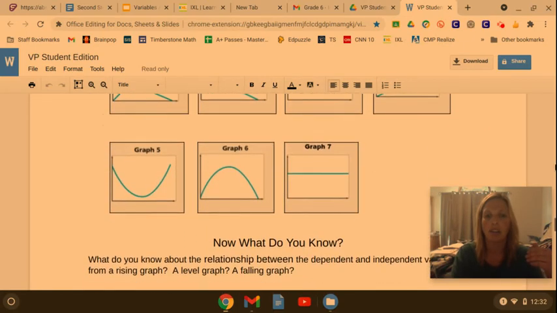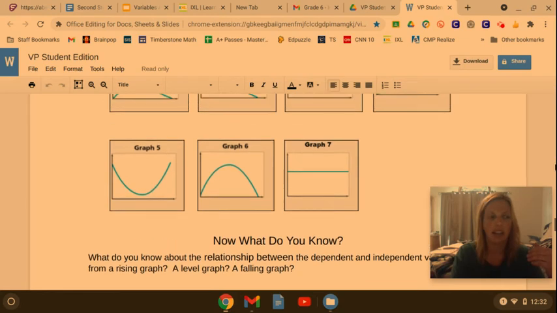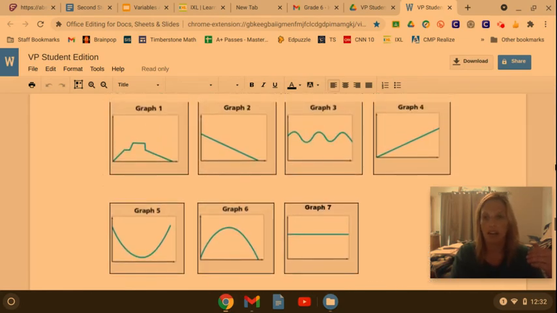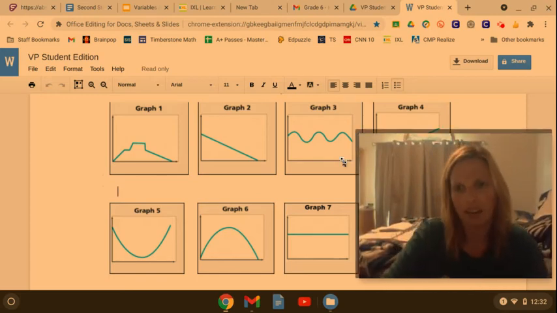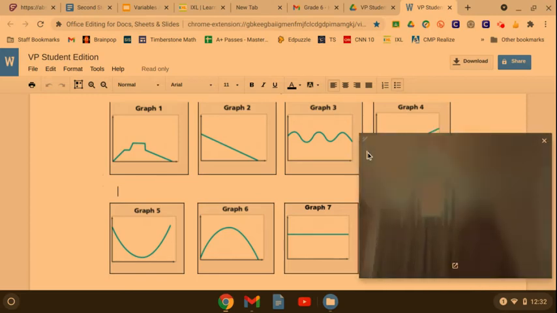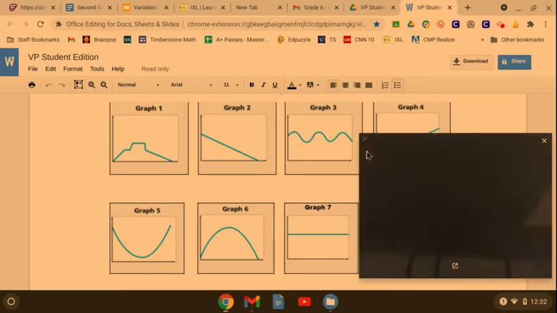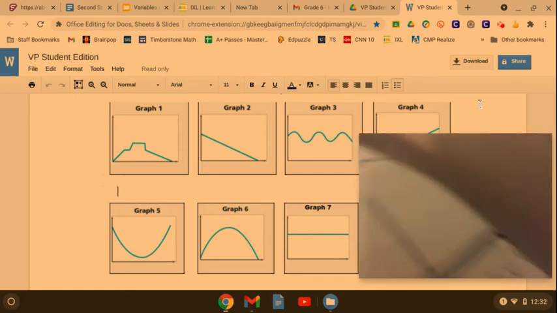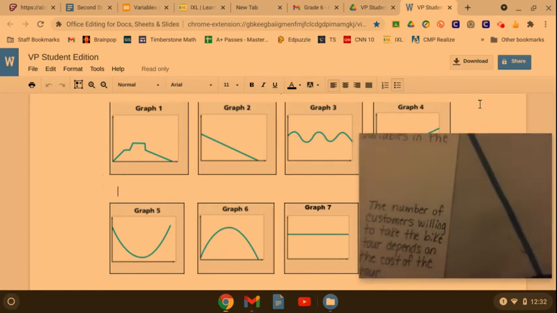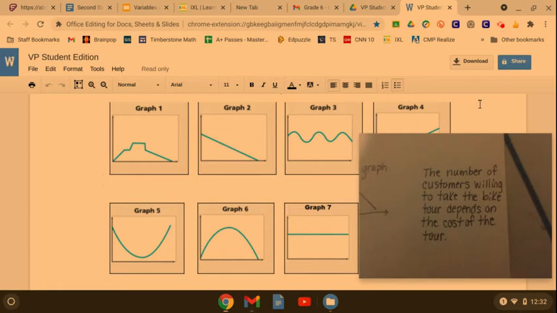So I'm going to turn my camera over to give you an example, and this is what we talked about yesterday, where we had taken the variables of customers that were willing to pay for the bike tour depending on the cost.